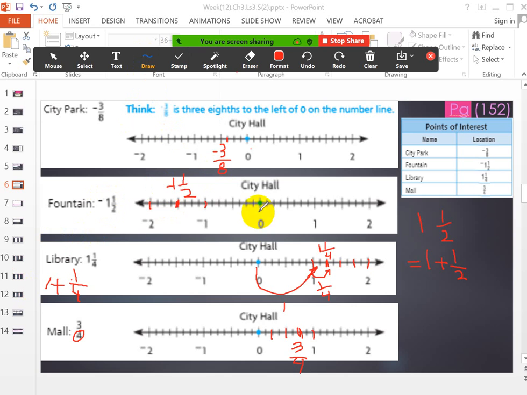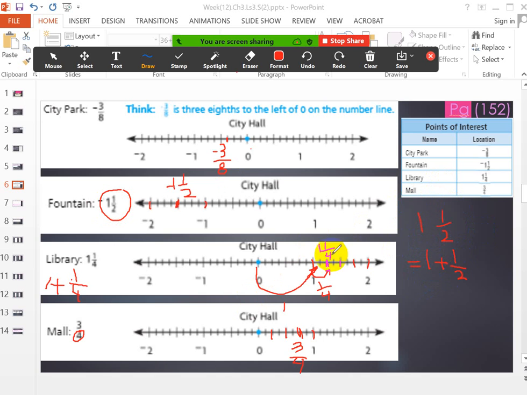That means I will work on the left side only. This number consists of 2 numbers. One is a whole, the second is a fraction. That means 1 and 1 over 2 is 1 plus 1 over 2, a whole plus a fraction.